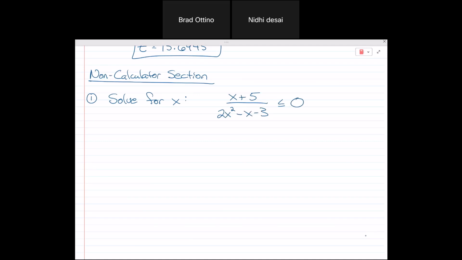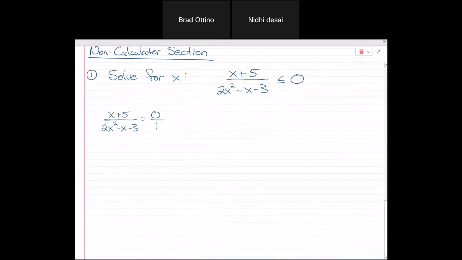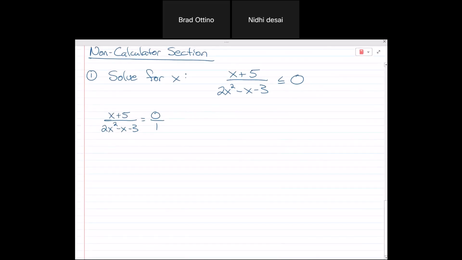We said for a problem like this, there's 4 steps. Step number 1 is we solve it like an equation. So we're going to do x plus 5 over 2x squared minus x minus 3 is equal to 0 over 1, and then you cross multiply.